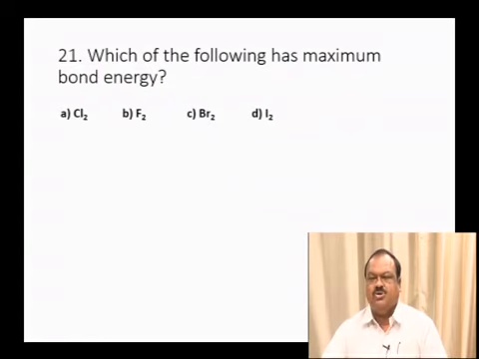As per the halogen family, fluorine is a highly electronegative element, hence it needs high bond energy. This bond energy decreases down the group. So fluorine has highest bond energy among the options. So suitable answer is B.